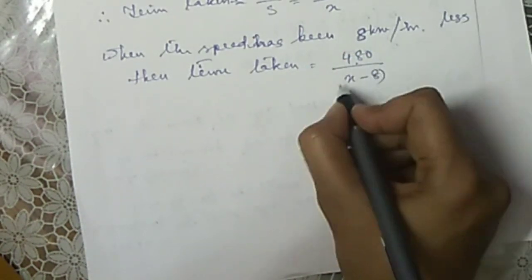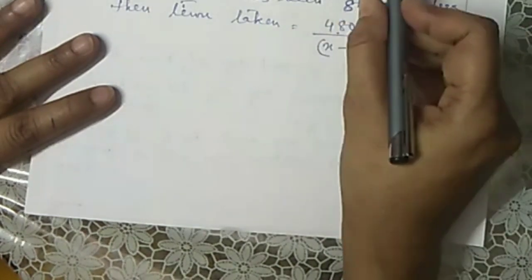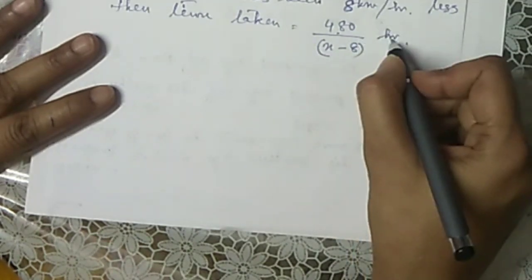Already it is 8 km less, so from the original speed 8 is deducted, thus it has become 480 by x minus 8. Now, when it goes by speed x, it takes this much time. When it goes by this speed, then it takes this much time.